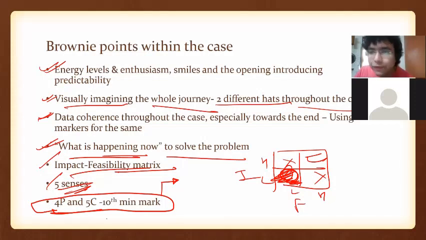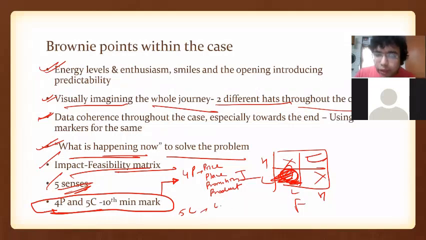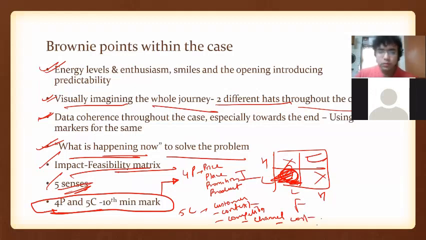One of the most common frameworks that people hear are 4 P's and 5 C's. 4 P's are the price, the place, the promotion, and the product. 5 C's are customer, context, competition, channel, cost.